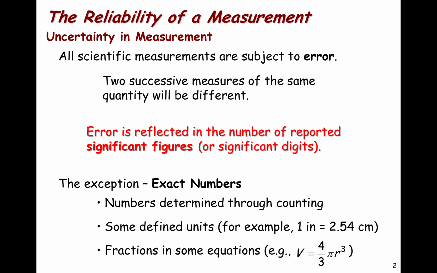Formal fractions, say the volume equation is 4/3 pi r cubed. The 4/3 has an infinite number of sig figs. Likewise, the value of pi would have an infinite number of sig figs. The r may be something you measure, and therefore would have a limited number of significant digits.